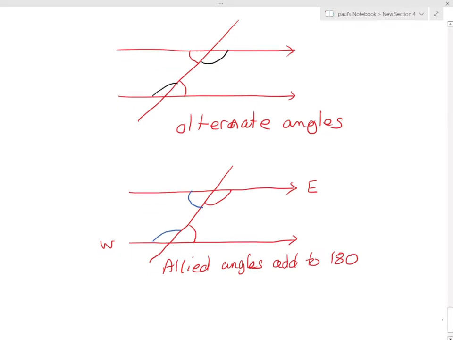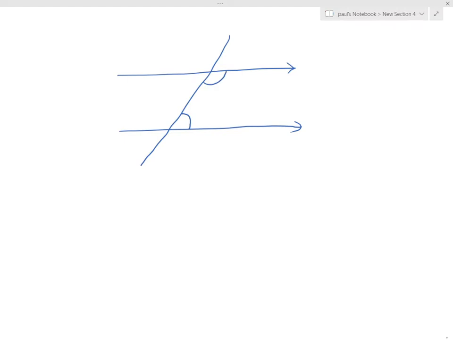Now, it is not uncommon for us to have this and this and this, and you come across the question and you think, my goodness, this is one of those angles between parallel lines questions, but it isn't, because really it's an algebra question that you need to know a little bit about parallel lines.